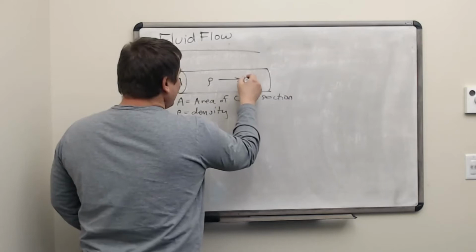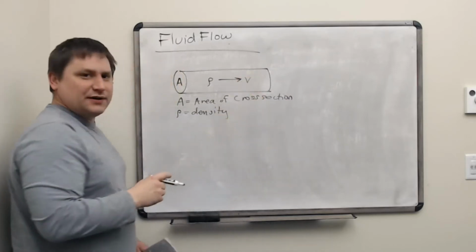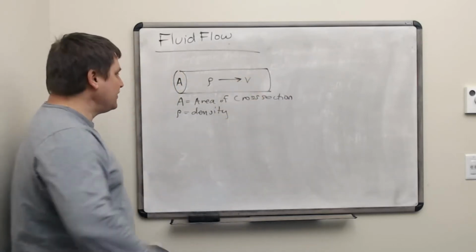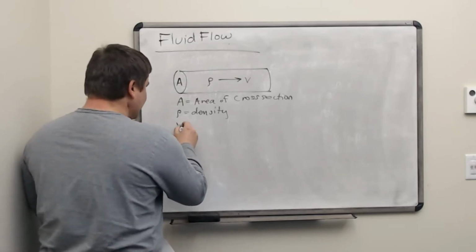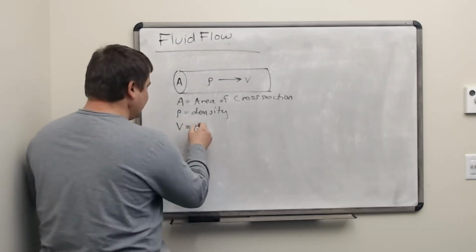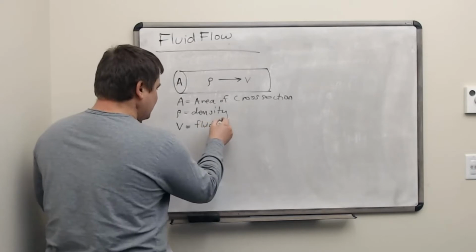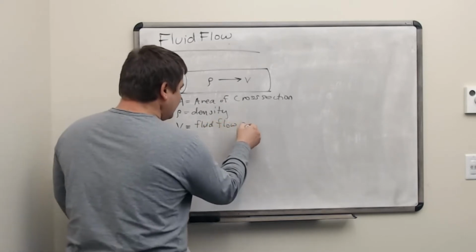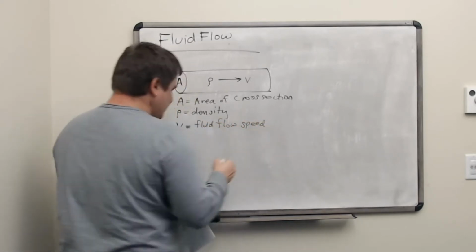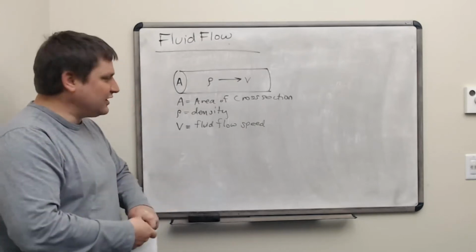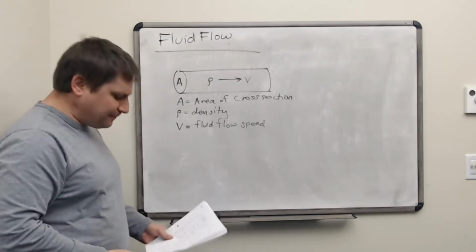And in this video, we're mostly going to be concerned about how the fluid might flow or move through that tube. So we have a quantity called the fluid flow speed or velocity. We'll use those interchangeably here, but we'll treat it as a scalar.